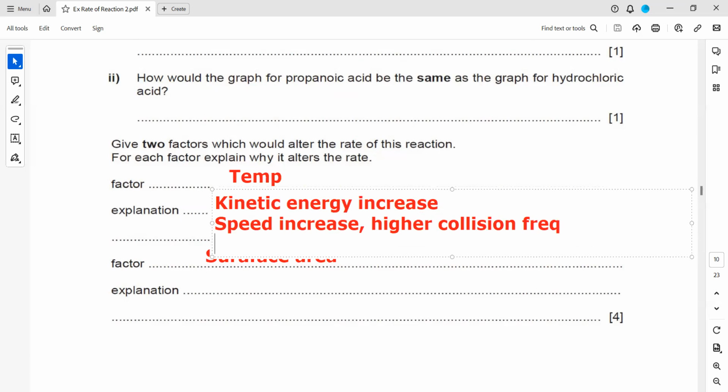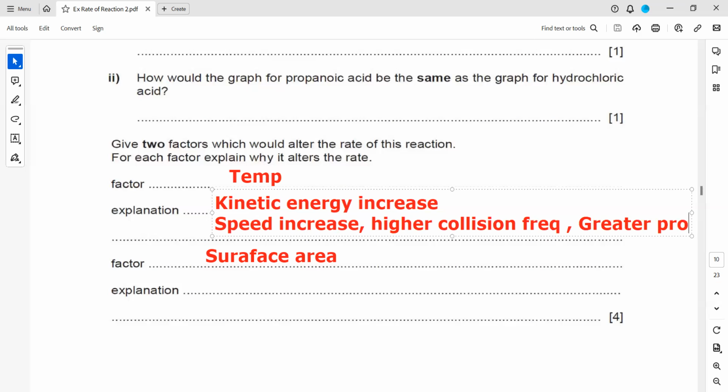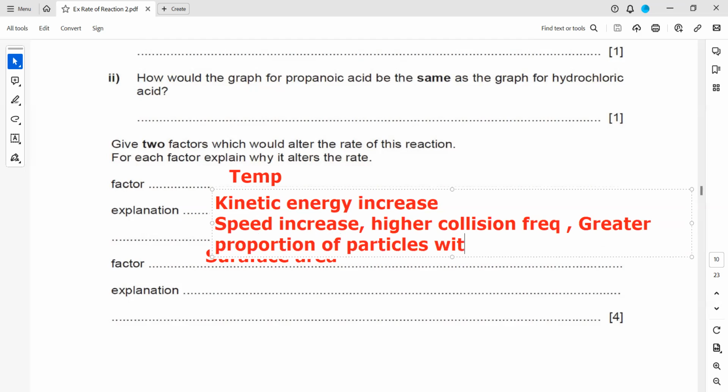And as a result, what will happen? A greater number of the particles have energy more than the activation energy. So a greater proportion of the particles have energy more than activation energy.